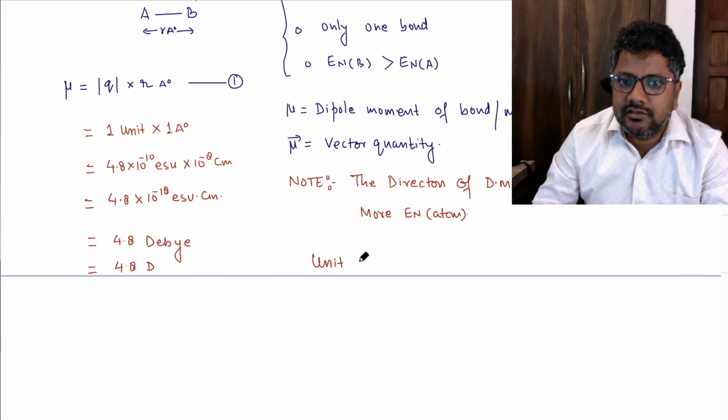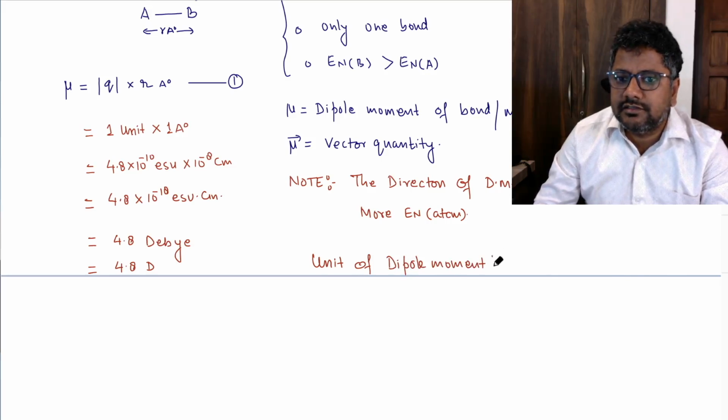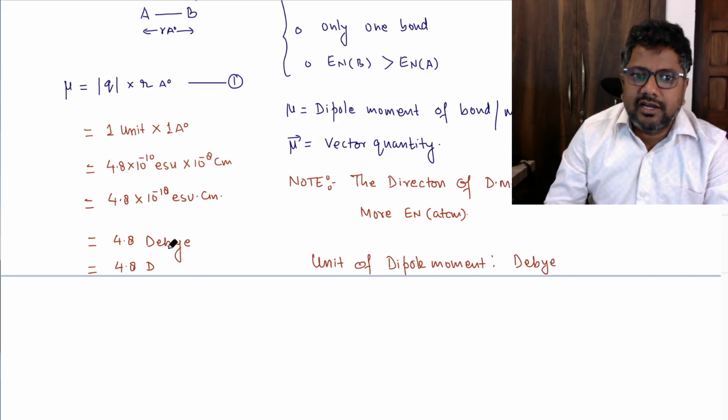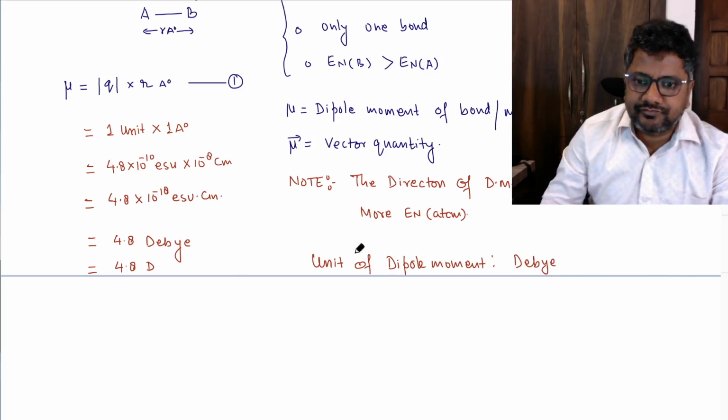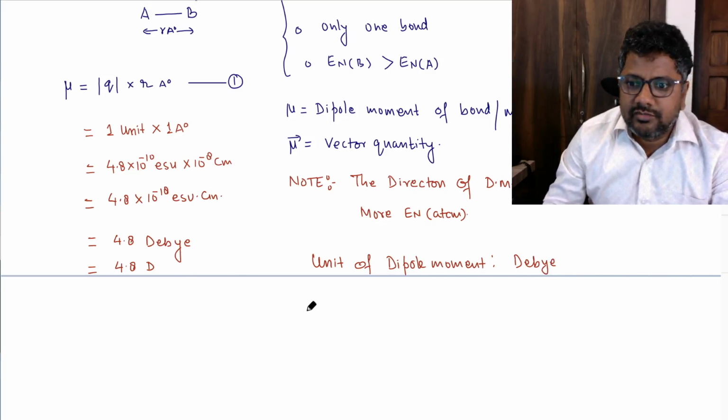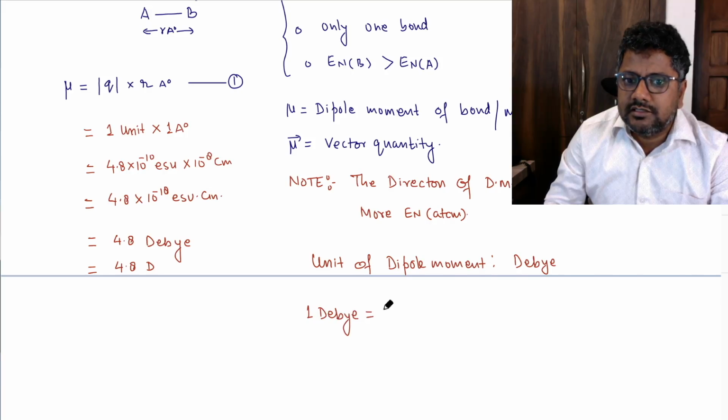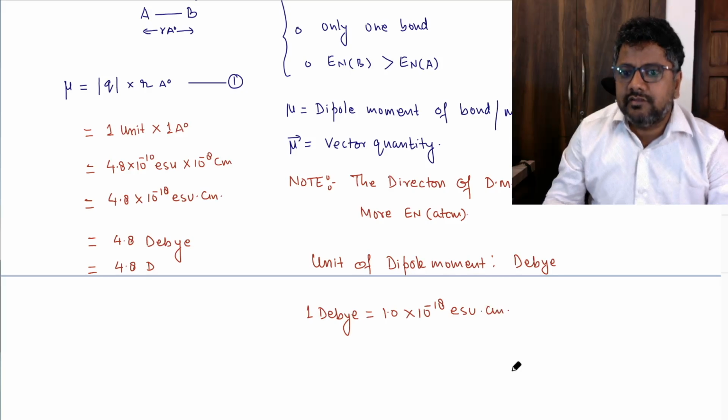And 1 debye is equal to 1.0 into 10 to the power minus 18 ESU into centimeter.